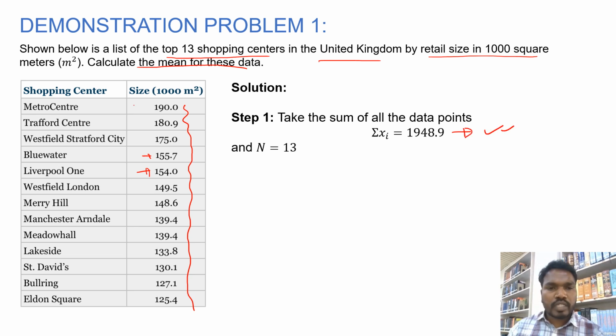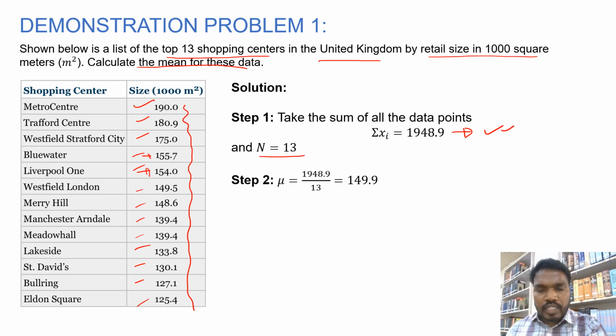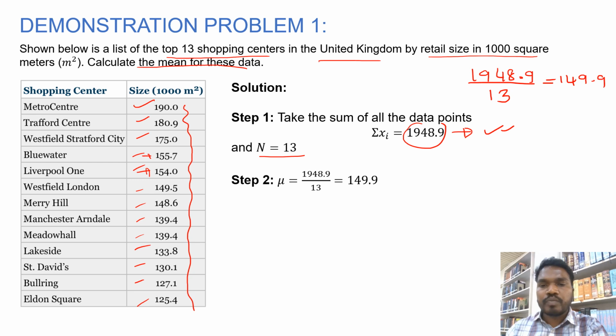And then we know how many observations there are: 1, 2, 3, 4, 5, 6, 7, 8, 9, 10, 11, 12, 13. So the total is 13 observations. In the second step, we divide this sum, 1948.9, by the total number of observations, and that will give you 149.9.